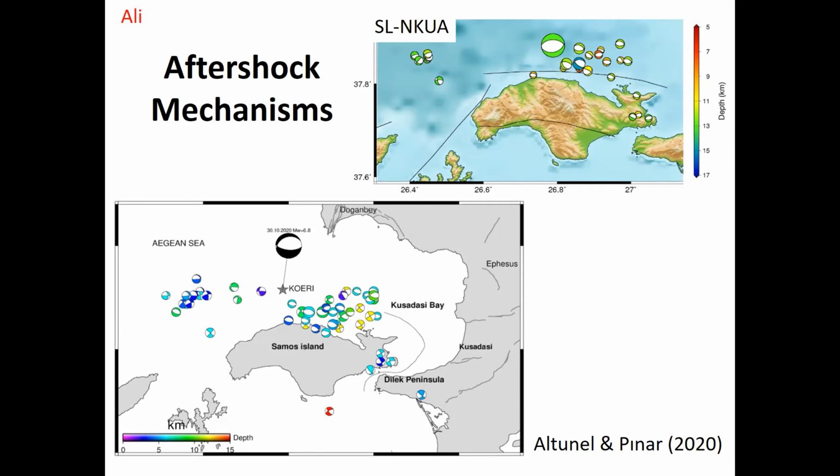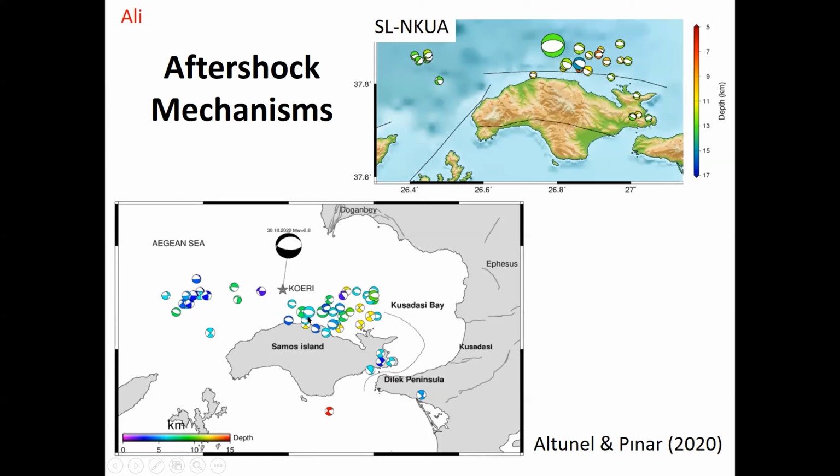solution, I can say. In the second map of aftershock distribution, we can see that several strike slip mechanisms emerge along with the normal faulting mechanisms. And why are the strike slip mechanisms taking place together with the normal faulting mechanisms?